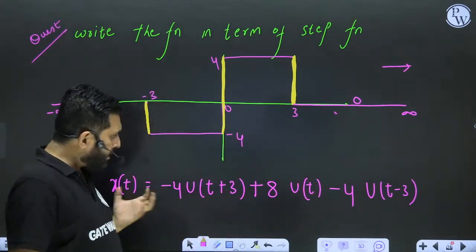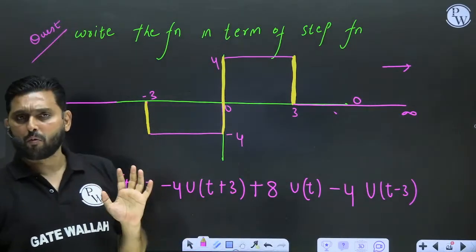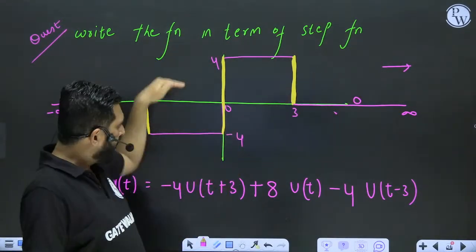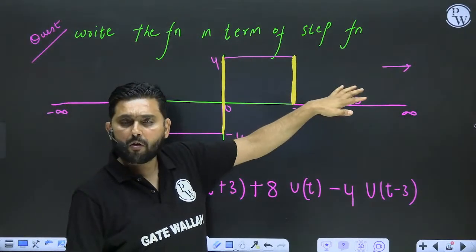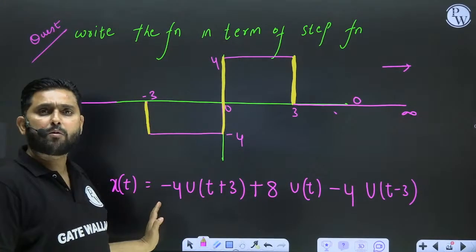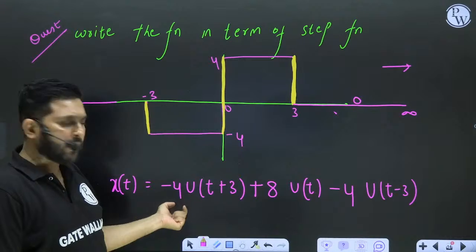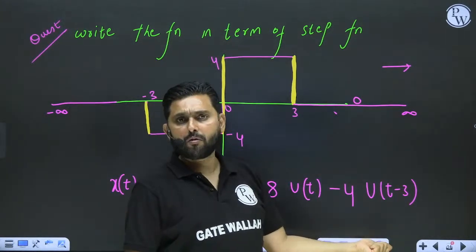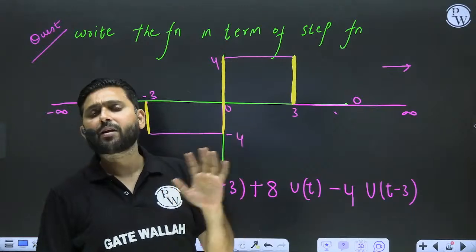So the coefficient sum must also be 0, because these are the coefficients that make the function have jumps. So what is the coefficient sum? Minus 4 plus 8 plus... minus 4 becomes 0. So the answer is correct.